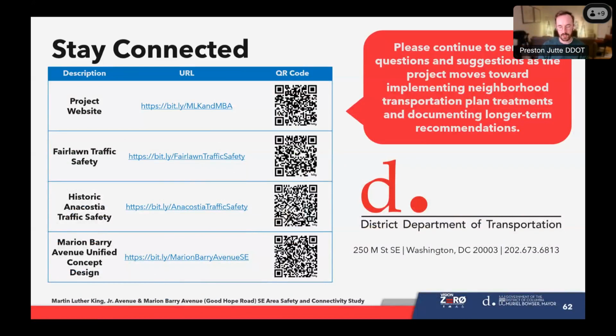That does include things like crossing treatments. I know, for instance, that they're looking to put a signal at 15th and Marion Barry Avenue right by Ketchum Elementary School. So I think the answer is probably, but I don't want to speak for them. Hopefully we can get that in the chat and follow up with you to direct you to that website that may be able to address your specific concern.